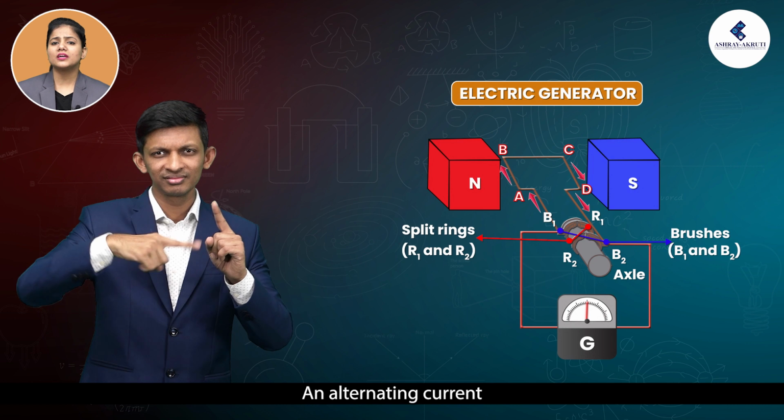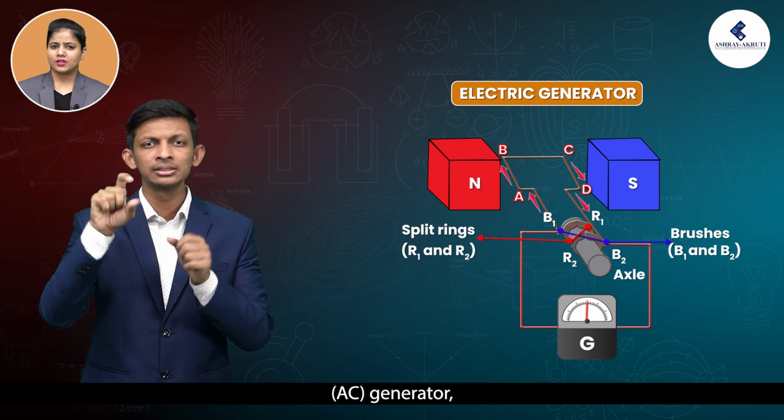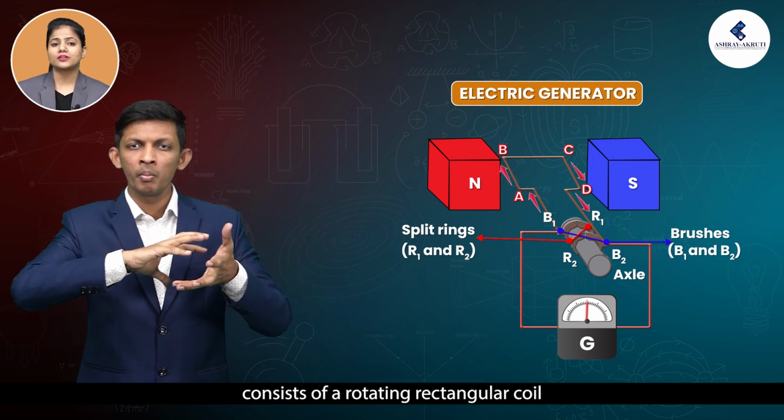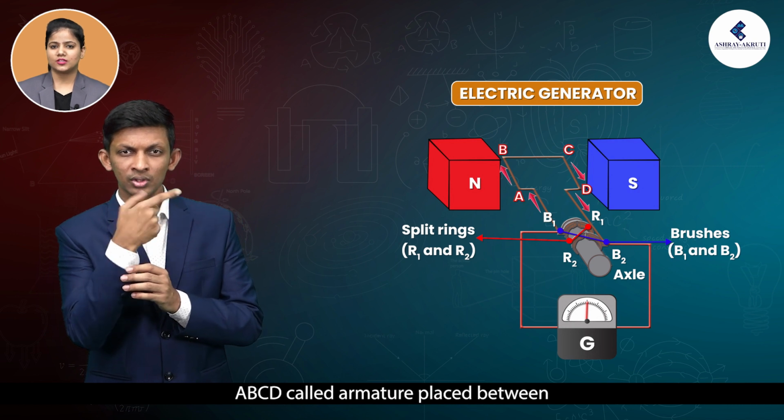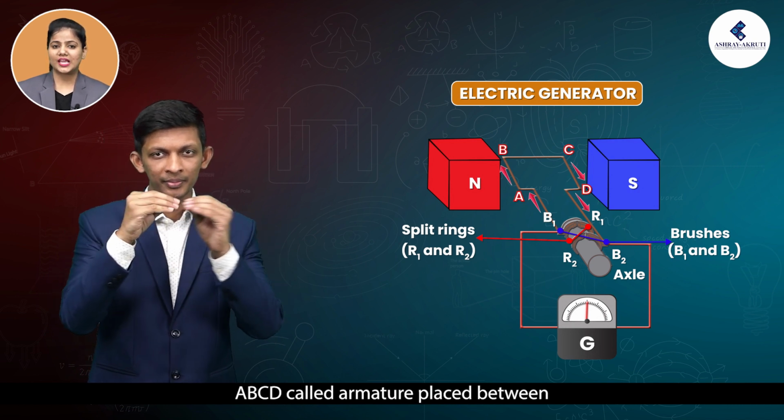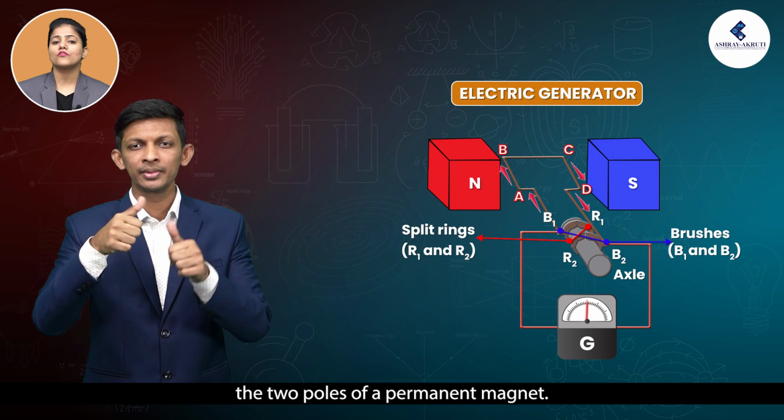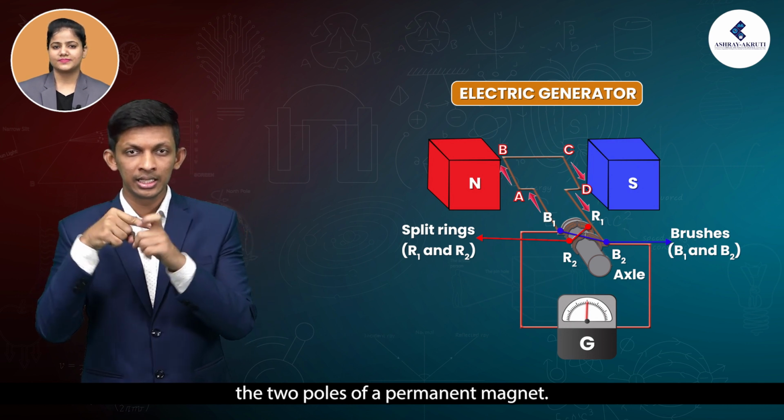An alternating current AC generator consists of a rotating rectangular coil ABCD called armature placed between the two poles of a permanent magnet.